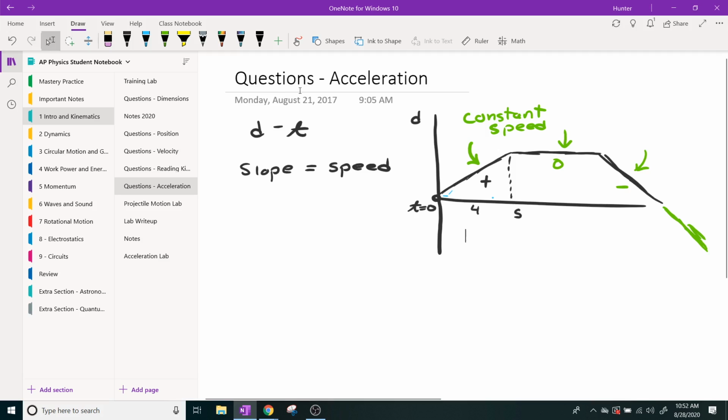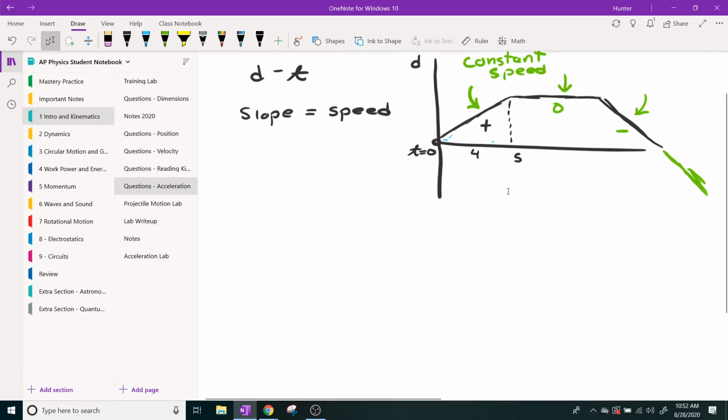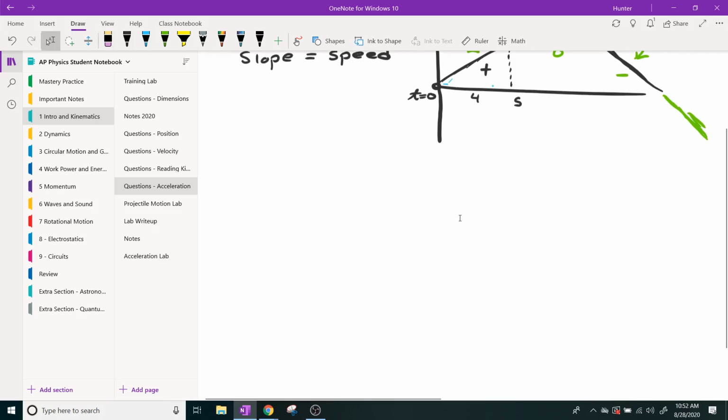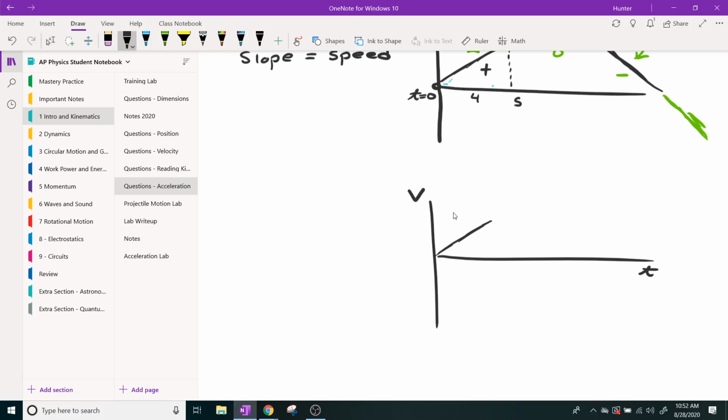The next graph is where we're going to be doing some area stuff. The next graph that we can do is one that's called a velocity time graph. So we'll put velocity here, and we'll put time down here. And we can do the same thing, but if I have the same shape of this graph, this actually means something very different.